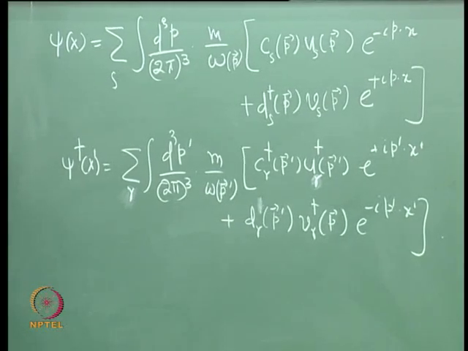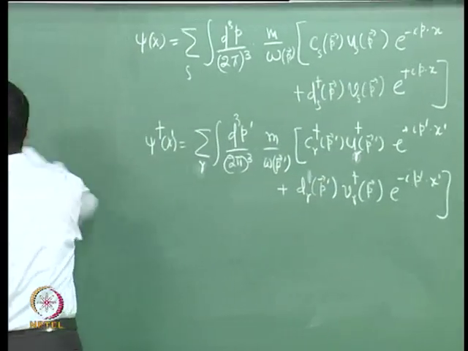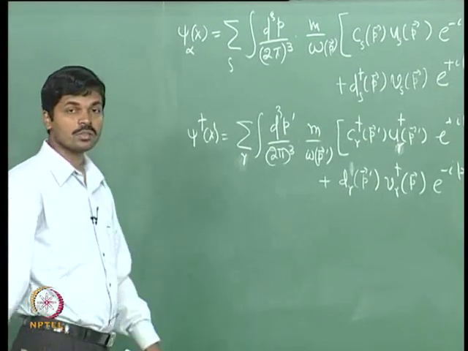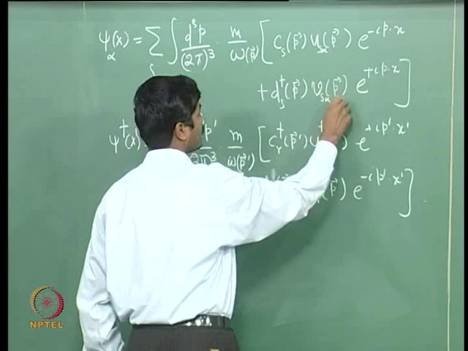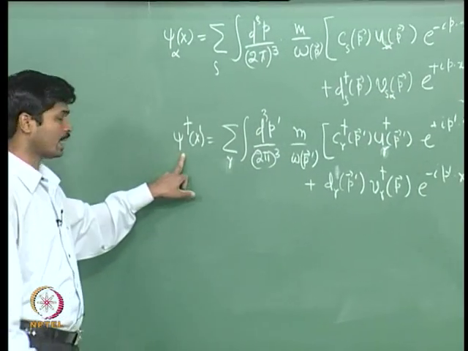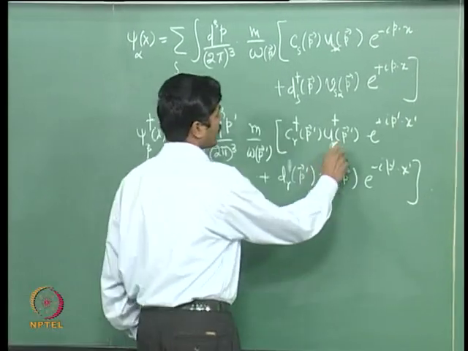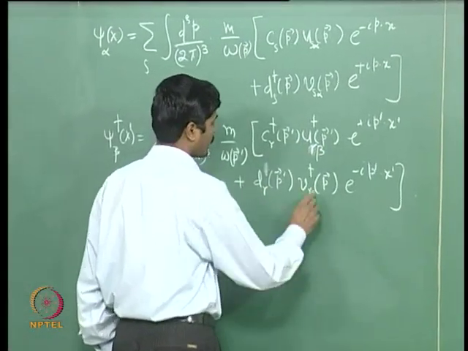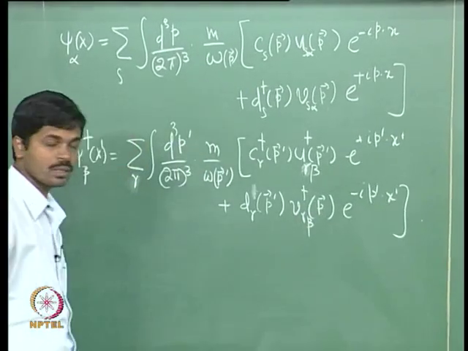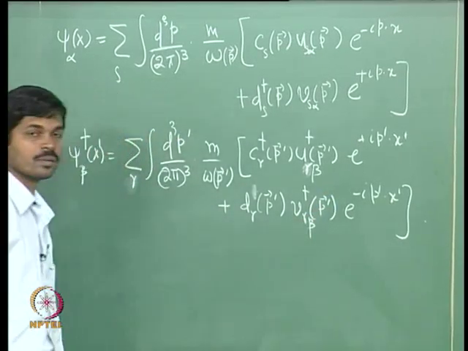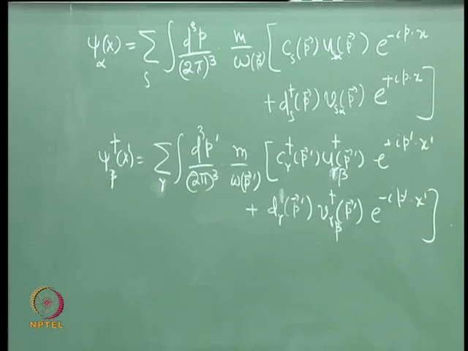Okay. So when I take the anti-commutation of this with this, I will consider psi_alpha of x. So there will be a u_s alpha here, there will be a v_s alpha here, and similarly I will consider psi dagger_beta. So there will be a beta-th component of u_r of p prime and a beta-th component of v_r dagger of p prime. Now what will I get for this anti-commutator here?